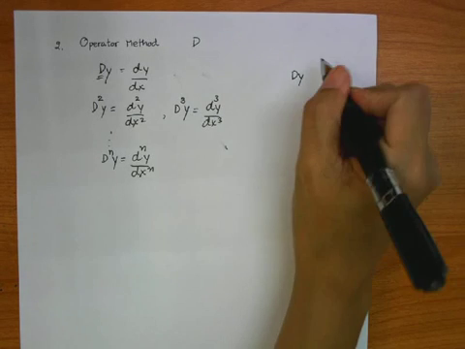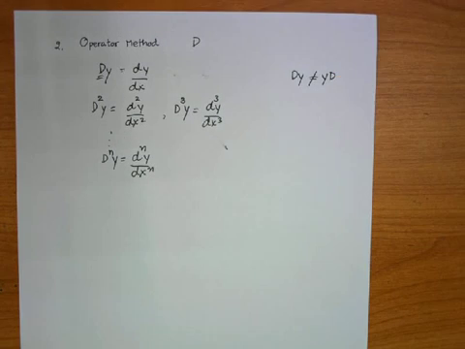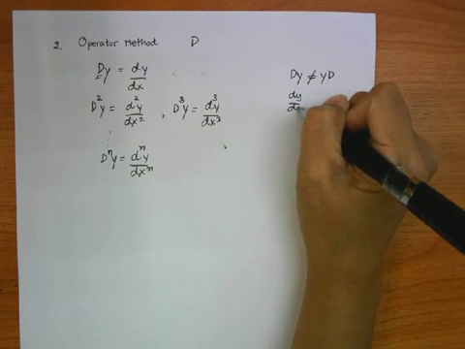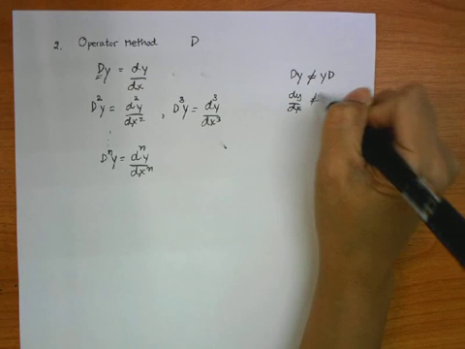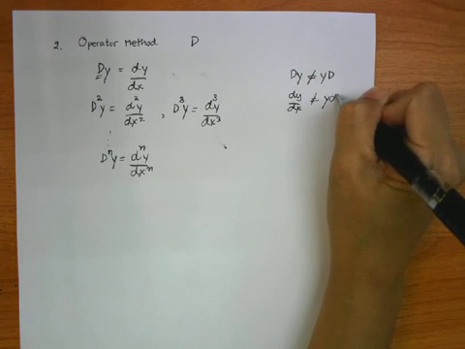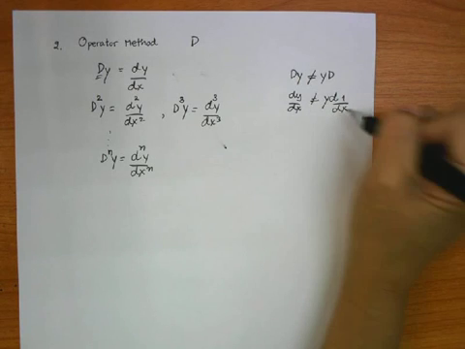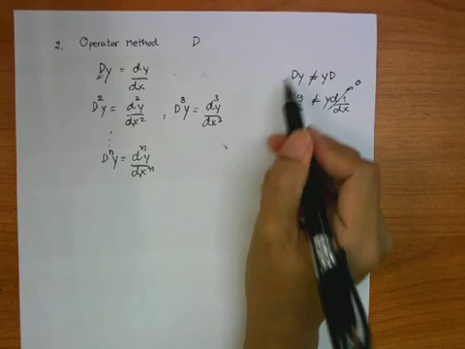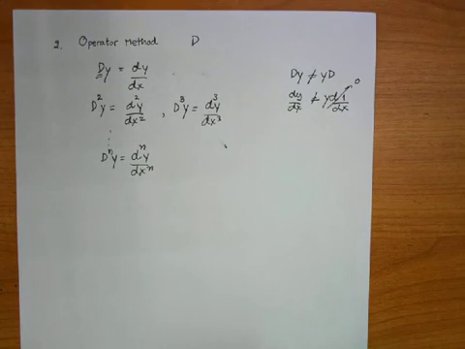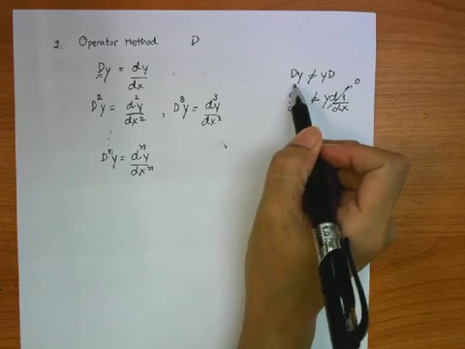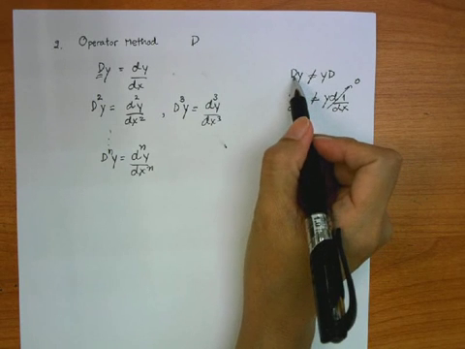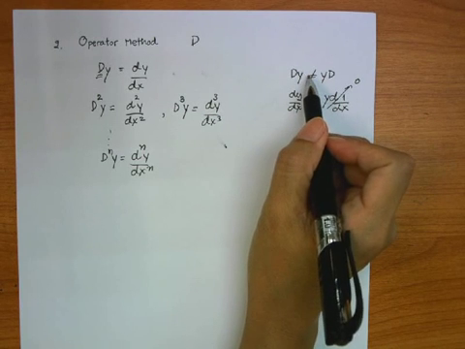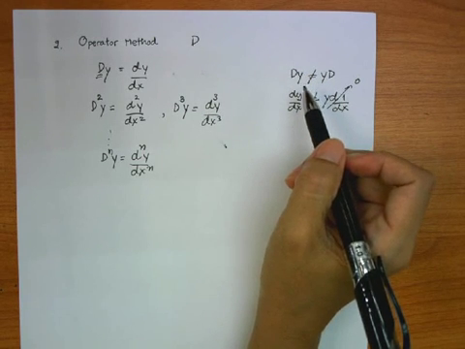No. Dy means the derivative of y by something. yD means y times the derivative of 1 by something. So it's not equal. The position of D is important. If you write it in front of the variable or behind the variable, it's not equal.